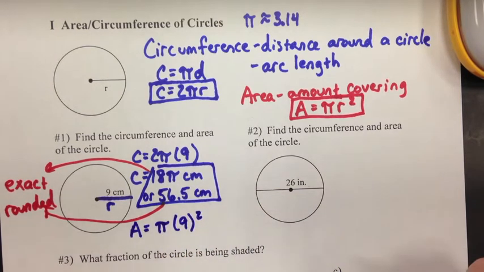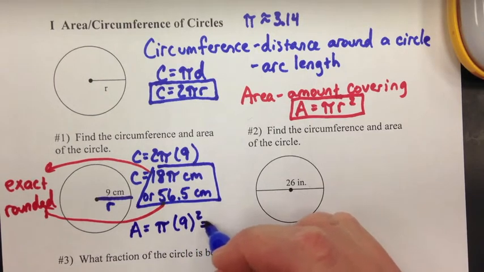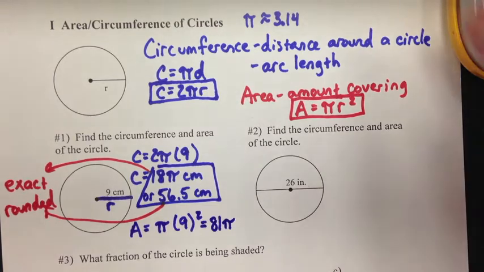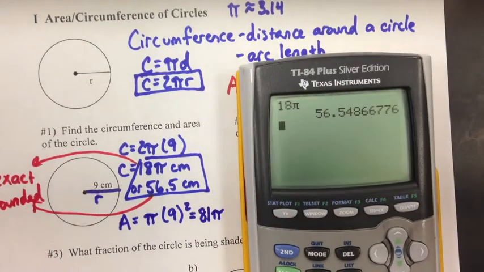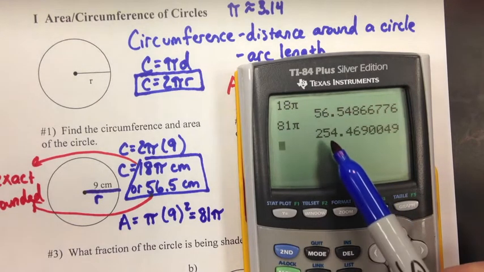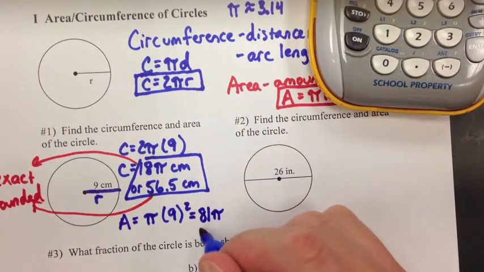Area is pi times radius squared. Now the radius is 9, so I would do 9 squared, which is 81 pi. Or on the calculator, 81 times pi equals, we would round that to 254.5.